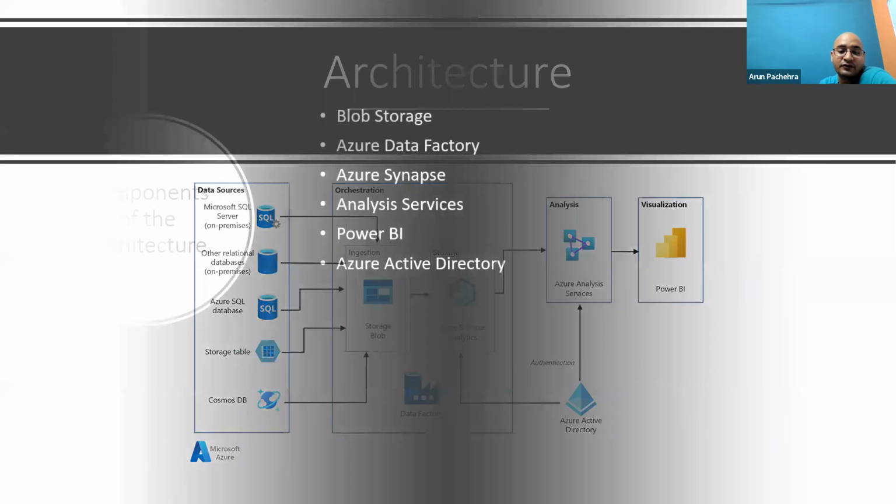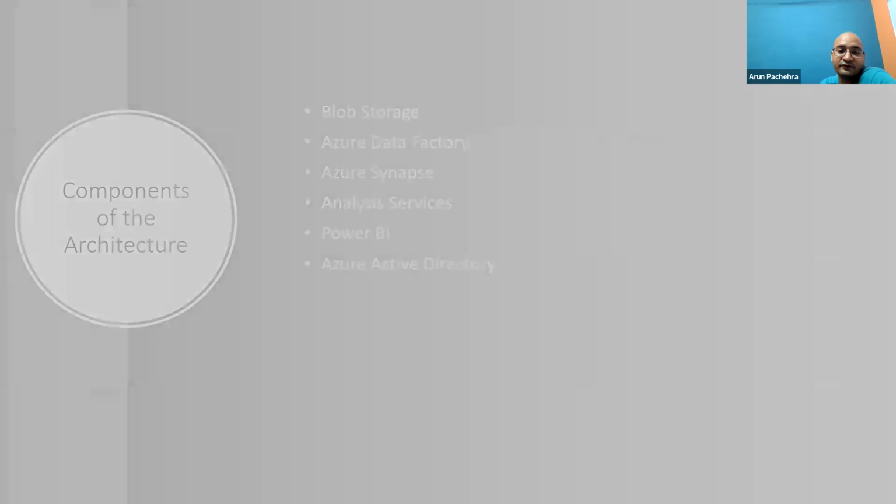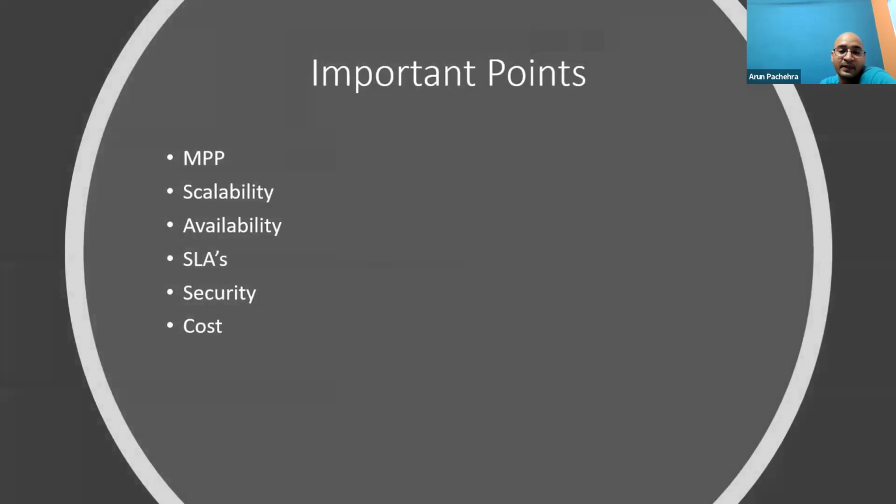Now let's go through some considerations of the things that we are using. The very first, as I said in the previous slide, MPP. The massively parallel processing architecture of Azure Synapse provides scalability and high performance.